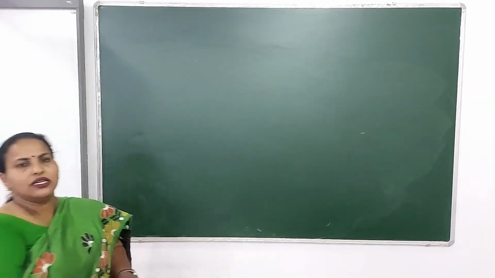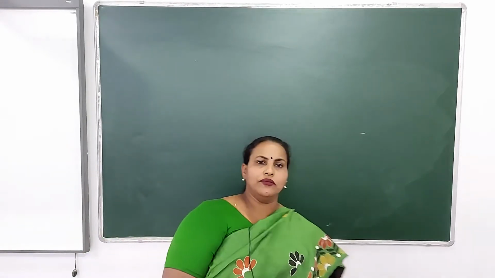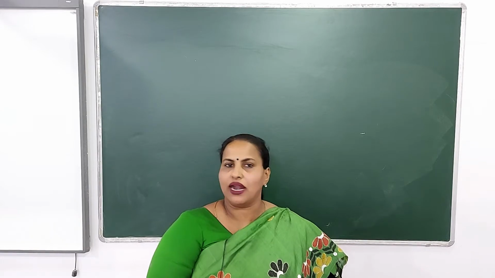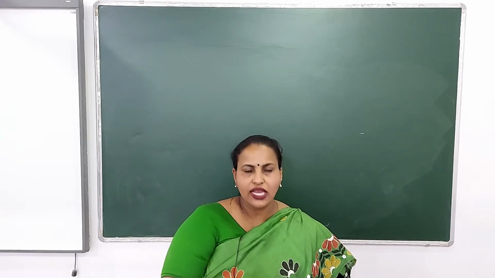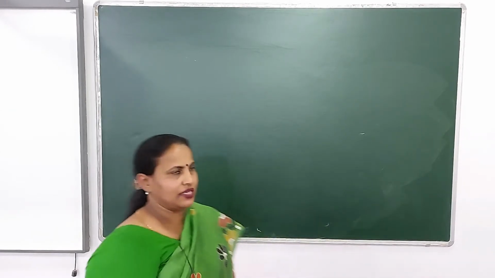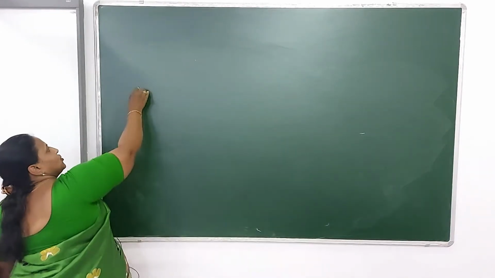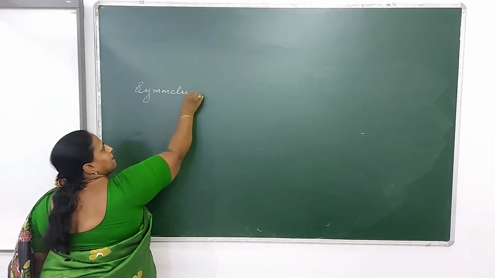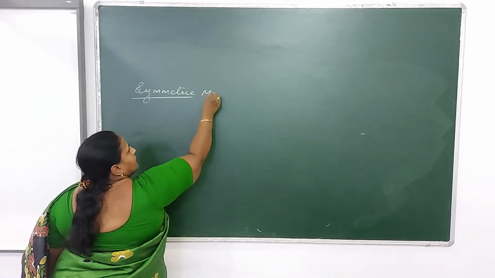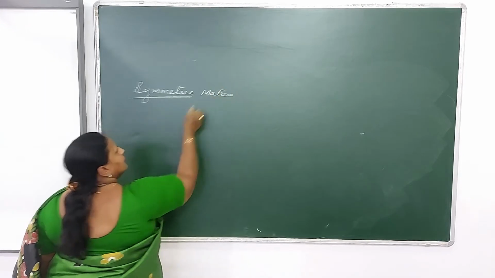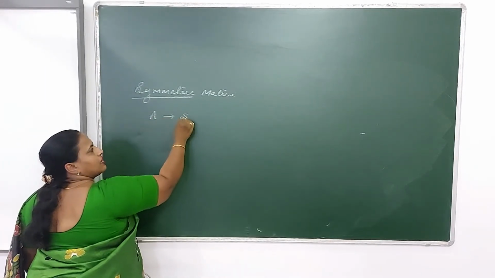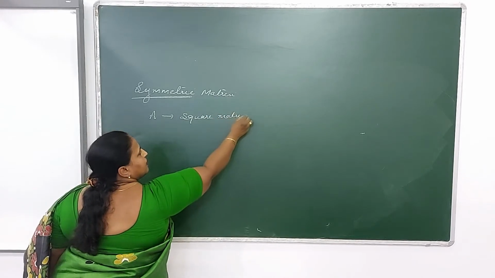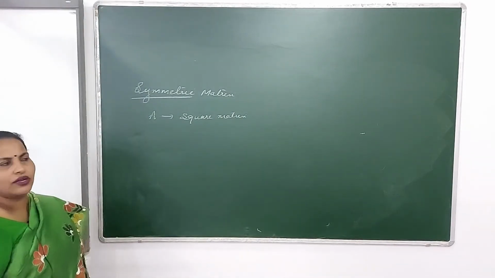Now see a very important term, symmetric and skew symmetric matrix. So the very first one is a symmetric matrix. Let A be a square matrix of any order.